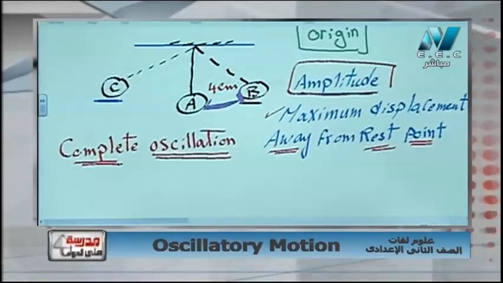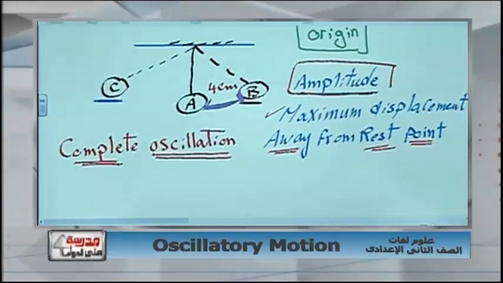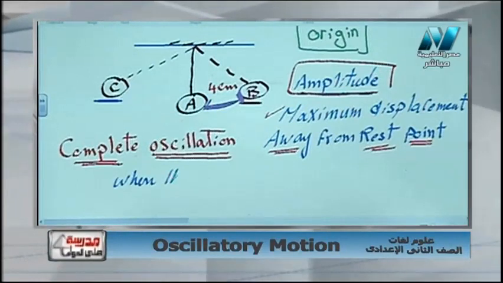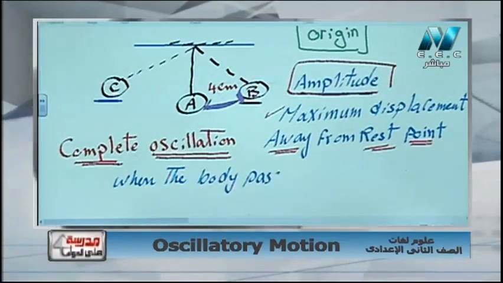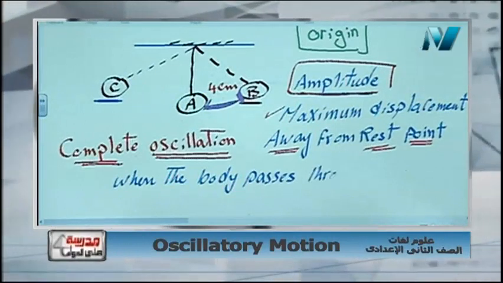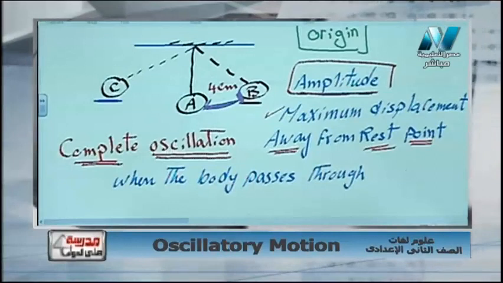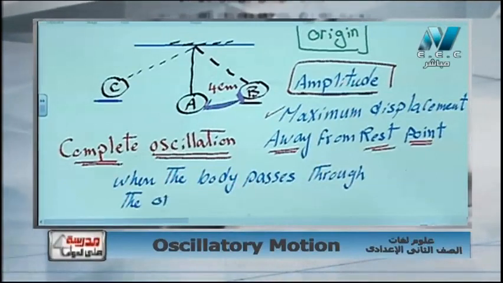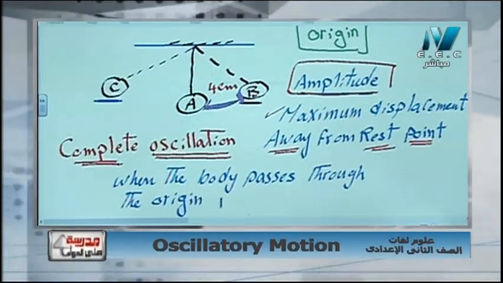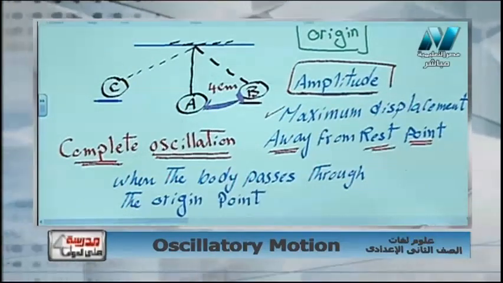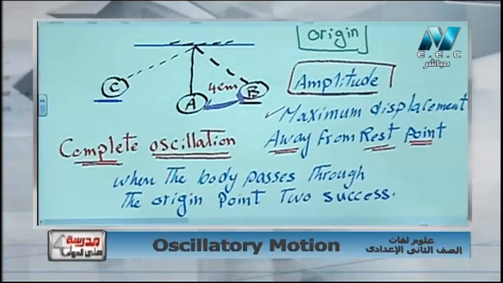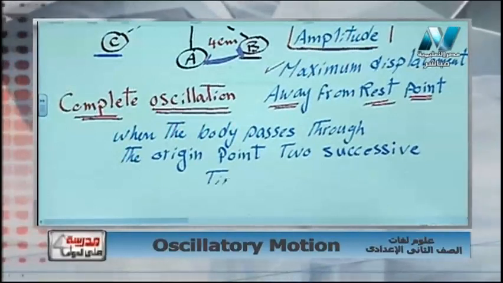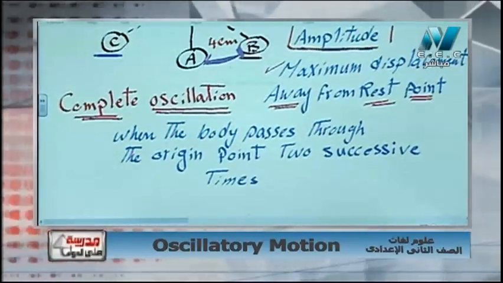A complete oscillation means when the body passes through the origin point two successive times, from the origin point.